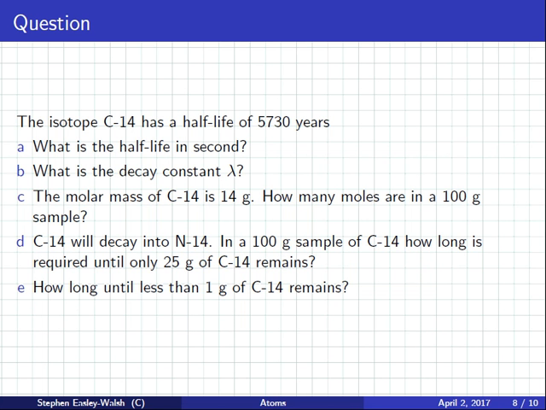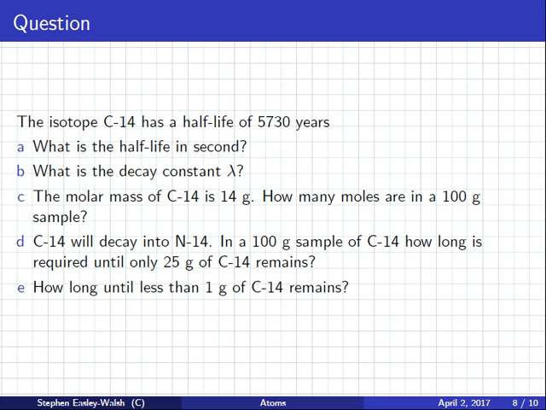7 what? So what's happening here, you start off at 100 grams. After 1 half-life you have 50. That's the definition of half-life. After 5,000 years you have 50, because that's the half-life.